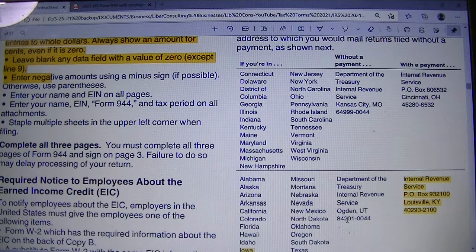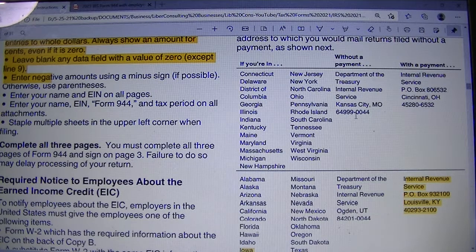You are going to pay online. You are going to make a deposit via EFTPS, I believe, but it is in the instructions as well. You have to set up an account to do that.